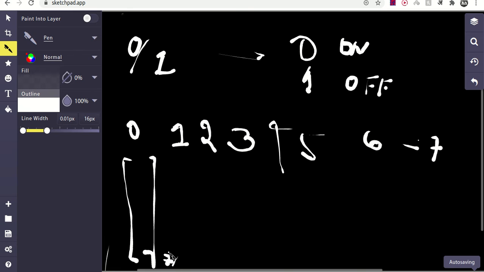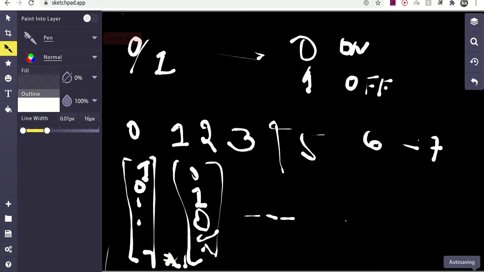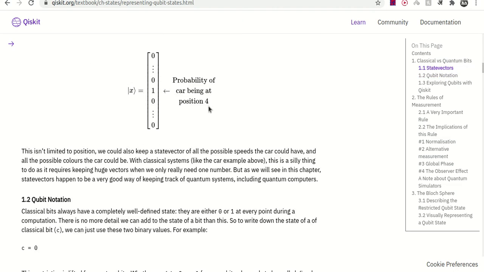Since it is 0, the 0th index will be 1 and the rest will be 0. For 1 we will have the first index as 1 and the rest 0, and the same will continue. That is how we represent qubits here.